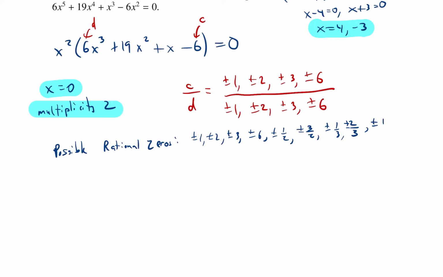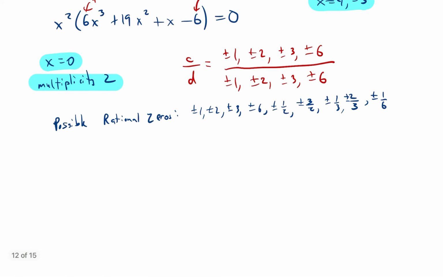So then we move on to the next one, which would be 6, so that would be 1/6. 2/6 is 1/3, which we already have. 3/6 is 1/2, which we already have, and 6/6 is 1, which we already have. So these would be the total possible rational zeros. 1, 2, 3, 4, 5, 6, 7, 8, 9 times 2 is 18. So there's a total of 18 possible rational zeros.